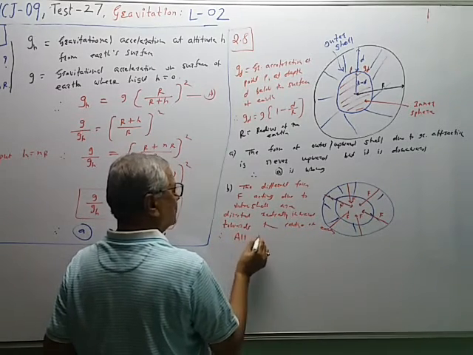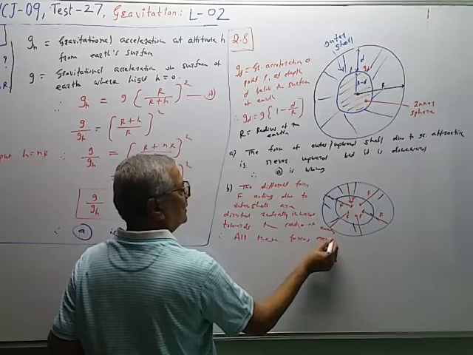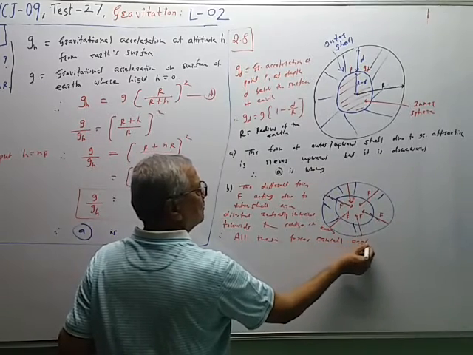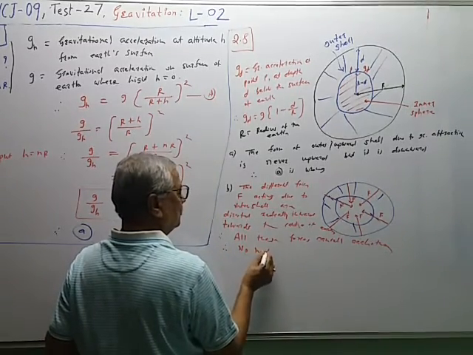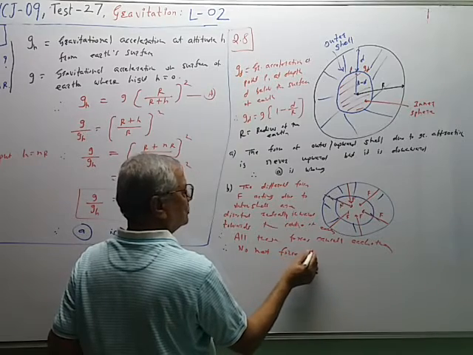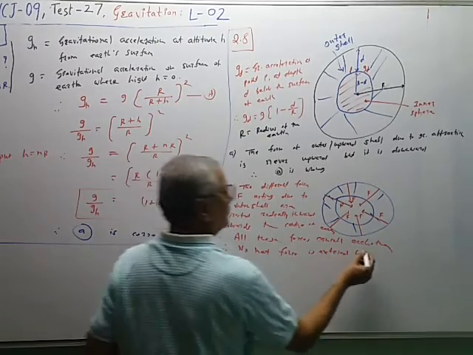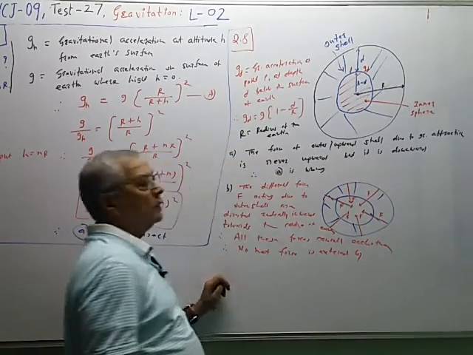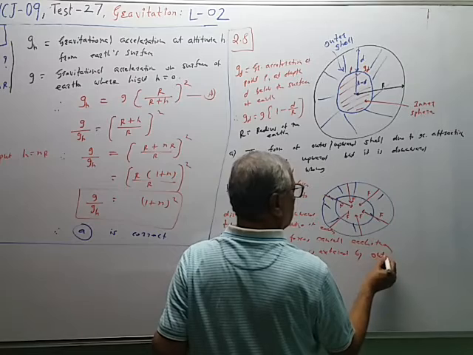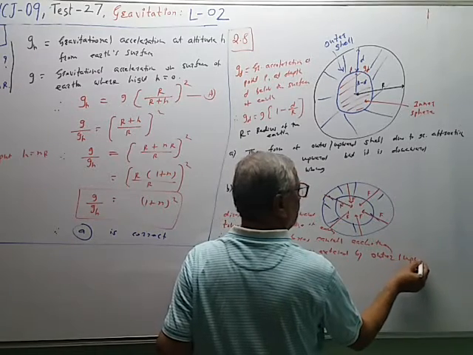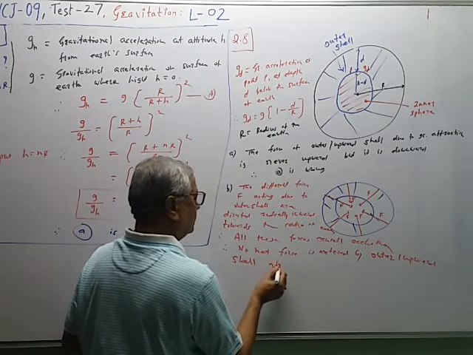Therefore, all these forces cancel each other. Therefore, no net force is exerted by the outer shell, the upward shell above the Earth.